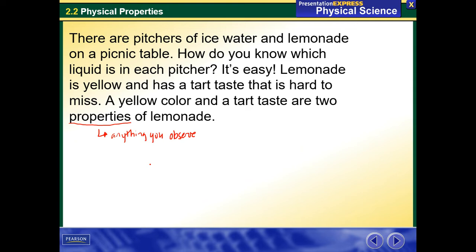For example, you can see something's color, its smell. You can see if something weighs a lot or maybe it doesn't weigh very much. Is something hot versus cold? Anything that you can use to describe a sample of matter is its properties.